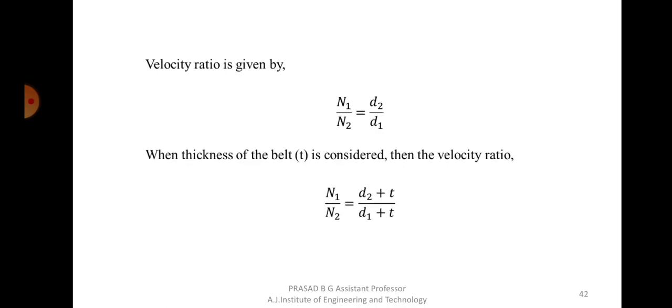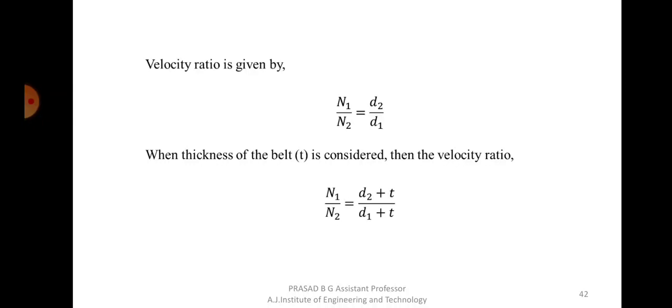So pi d1 n1 is equal to pi d2 n2, right? So pi and pi will be cancelled. So d1 n1 will be equal to d2 n2. In other words, n1 by n2 is equal to d2 by d1.